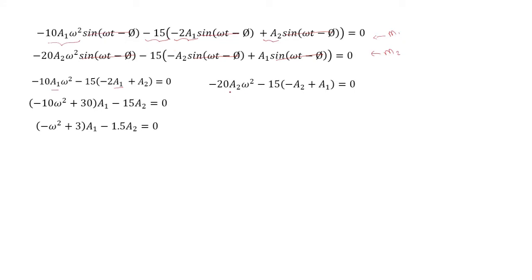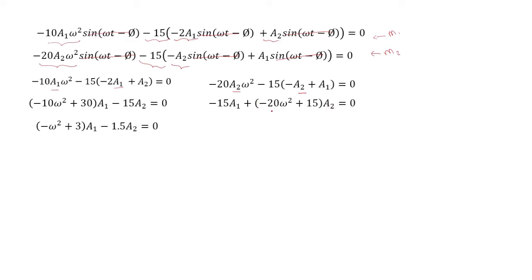Similarly, after cancelling out sin(omega t minus 5) from equation 2, you will get minus 20 a2 omega square, which is this term, minus 15 times minus a2, which is this term, plus a1, which is this term. This is equal to 0. Now here also we will try to club a2 and a2 together. So you will get minus 15 times a1 plus minus 20 omega square plus 15, a2 is equal to 0.